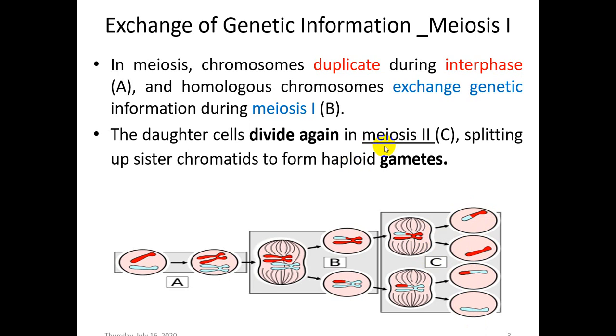So they divide again in meiosis 2, in this part of shape C, splitting up sister chromatids to form haploid gametes. Haploid, you remember in medical terminology, haploid and diploid. In a human being, diploid is 46 chromosomes, haploid 23.